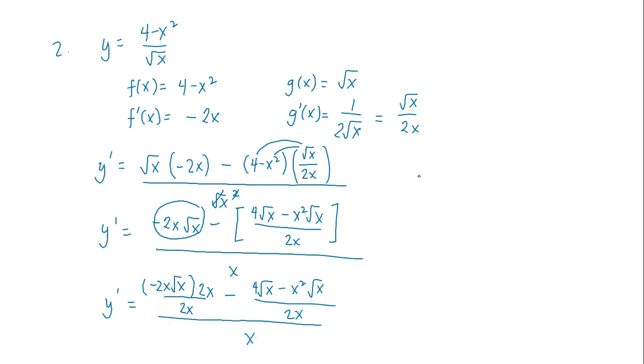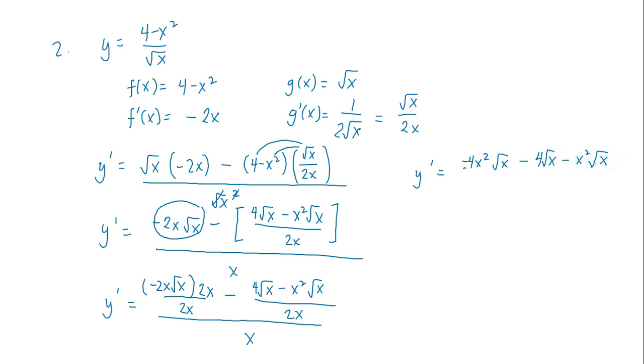Okay? So we have y prime is equal to negative 2x times 2x, that is negative 4x squared square root of x minus 4 square root of x minus x squared square root of x.